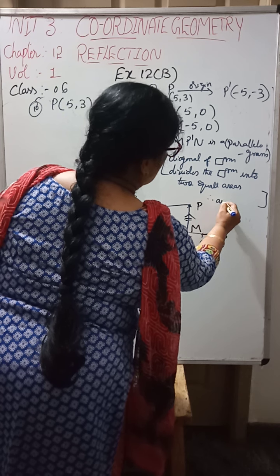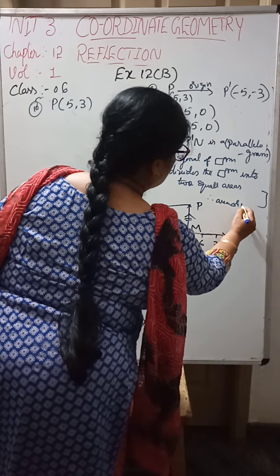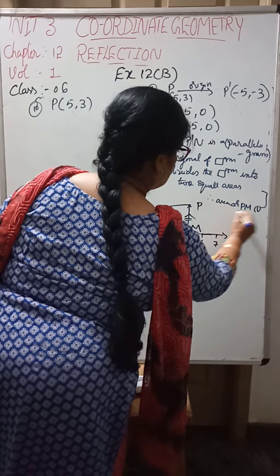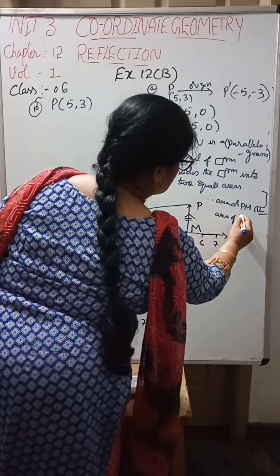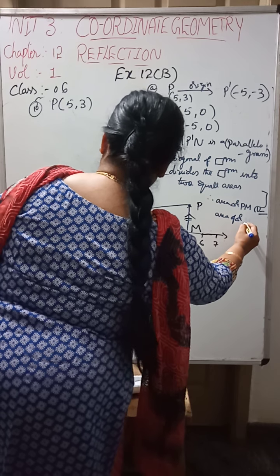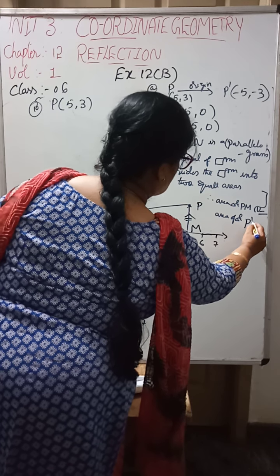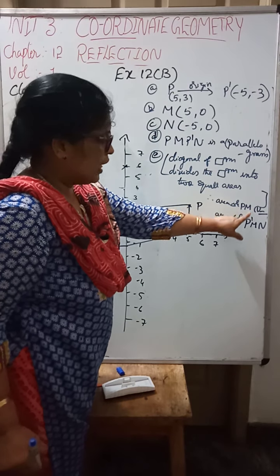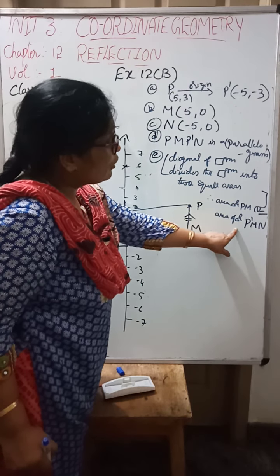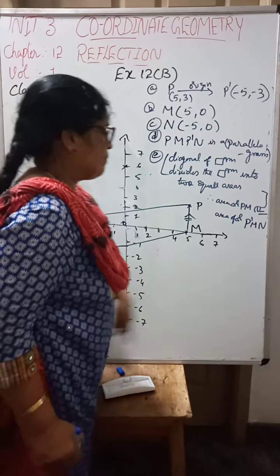Therefore, area of triangle PMN is equal to area of triangle P dash MN.